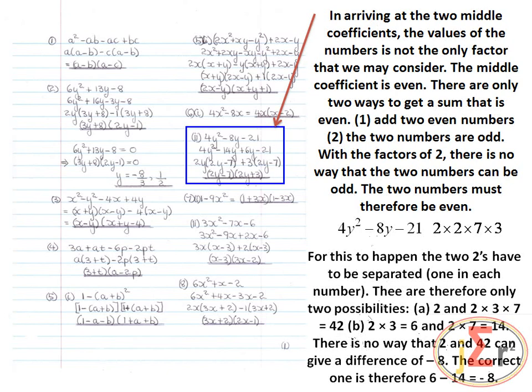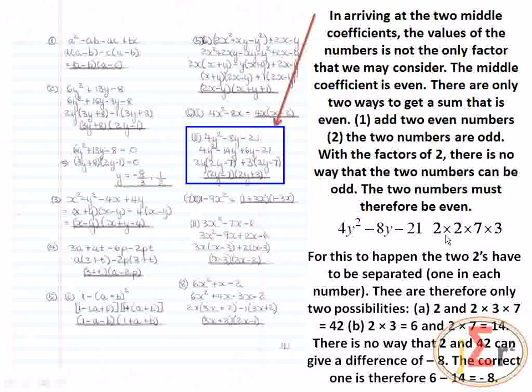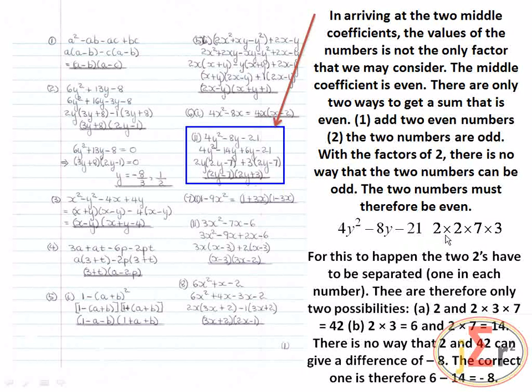Therefore, it is the other one that we should consider, which is take the 2 multiplied by the 7 and take the 2 multiplied by the 3. So 14 and 6. We can be sure that 14 and 6 are the two numbers that we should use.